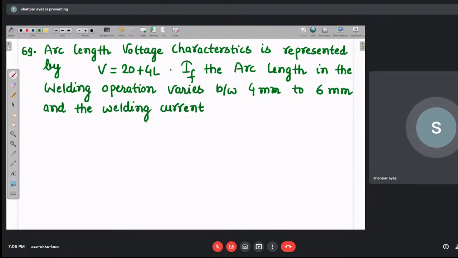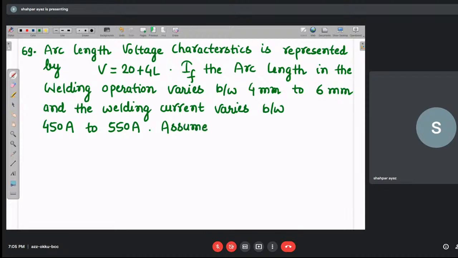If the arc length in the welding operation varies between 4 mm to 6 mm, and the welding current varies, assume linear power source characteristics.